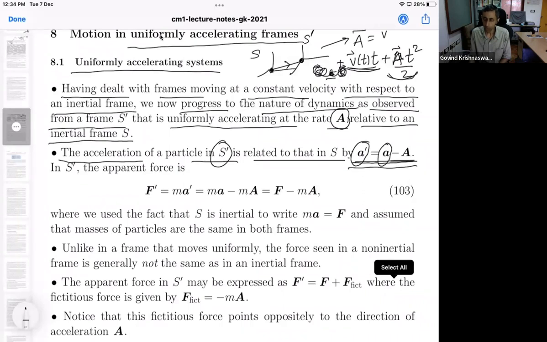The two differ by this capital A. In particular, if the acceleration capital A matched that of the particle, then in that moving frame, you would say the particle does not accelerate at all.